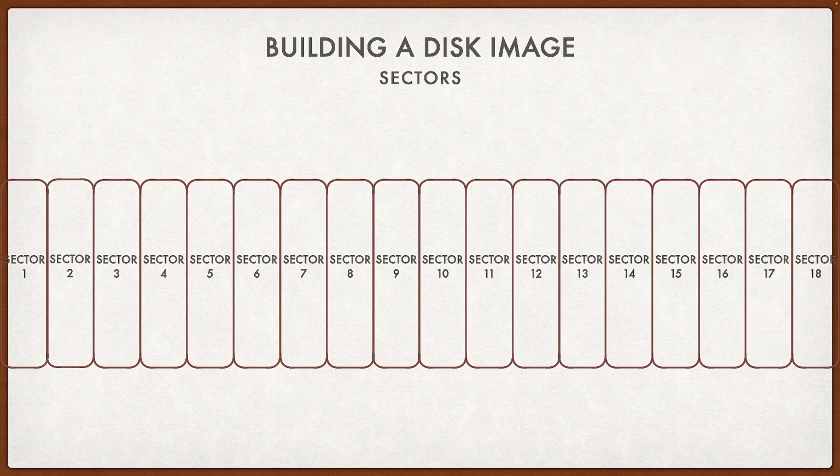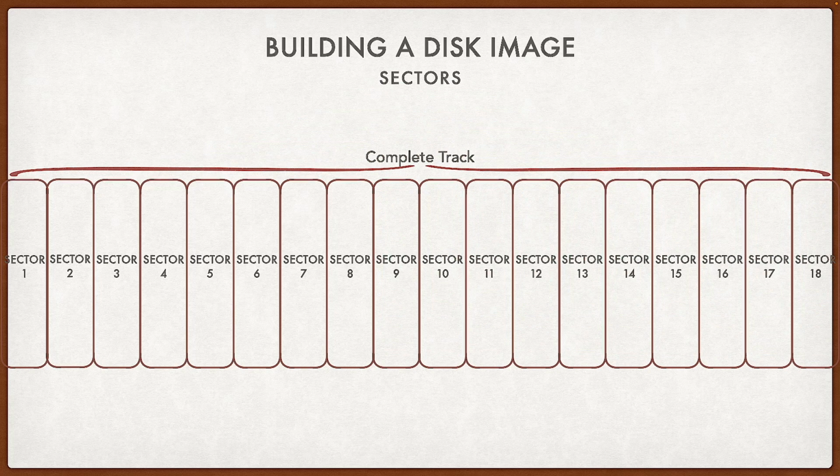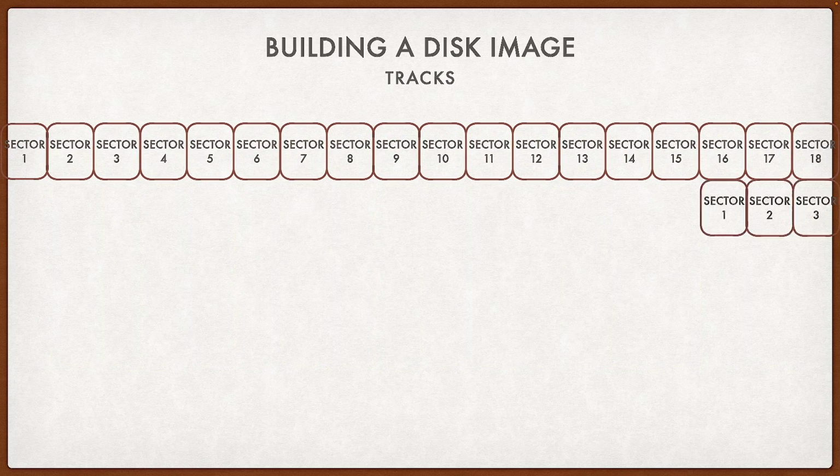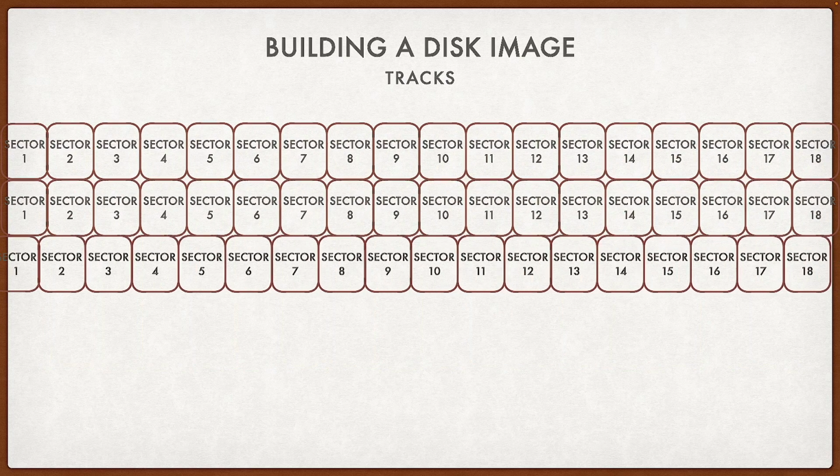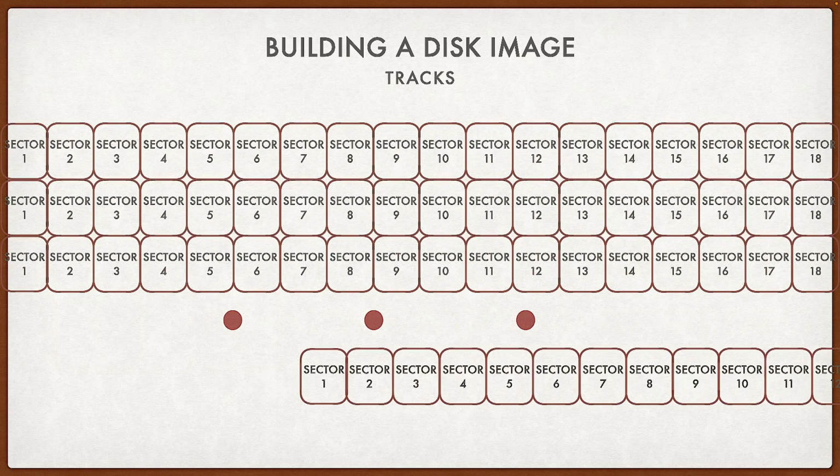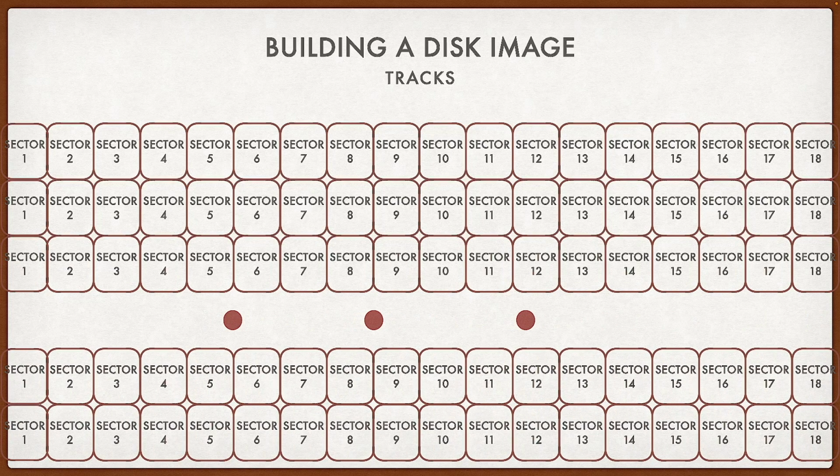We have all 18 sectors that make up one complete track. So this is the very first track of the disk image. As we add more tracks to the disk image, we just continue. We continue adding sectors, and we continue adding more tracks, one after the other in a huge table, till we have the full completed disk image.